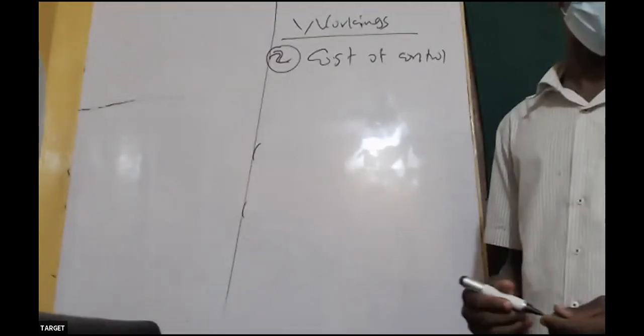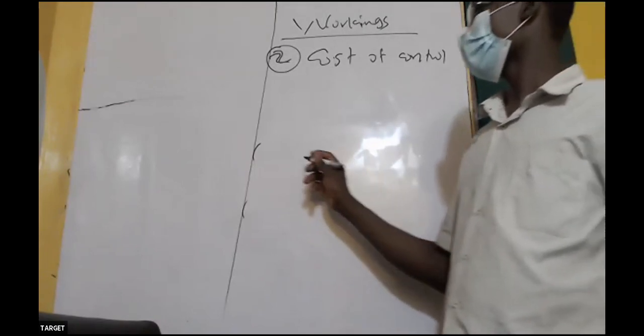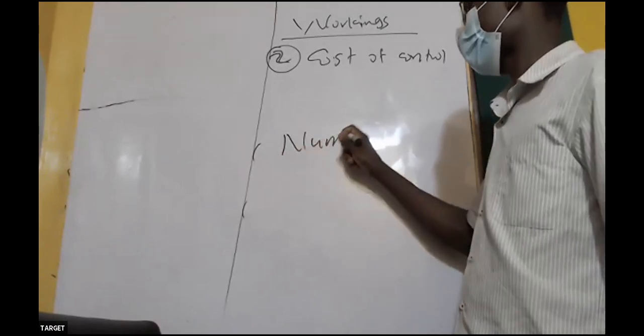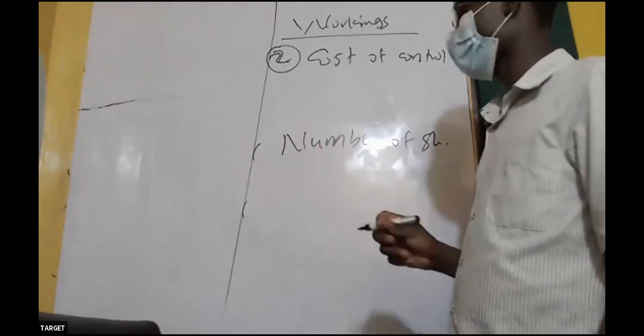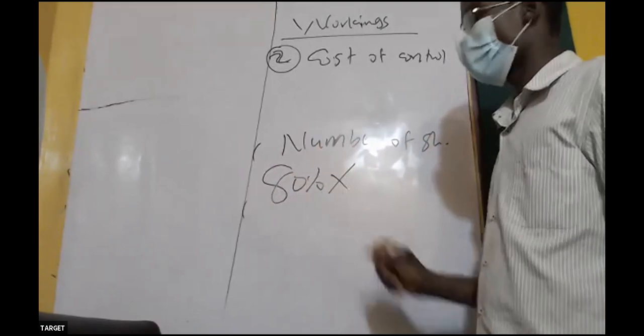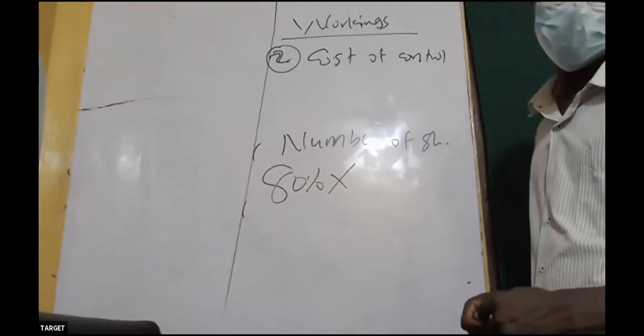So here you write share exchange. To get the number of shares acquired by the parent, pick the percentage holding, 80%, multiply by the total number of shares of the subsidiary.